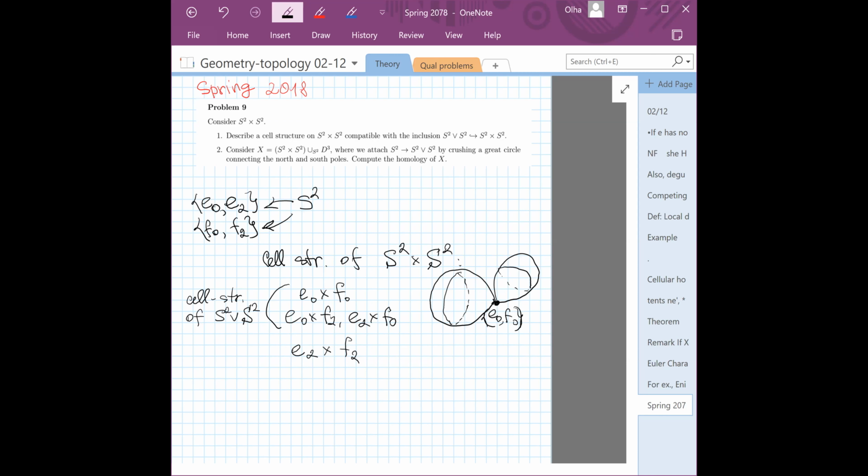So what's the problem again? I'm sorry, I was just saying, when you're writing down a cell structure, you have to check that they're actually cells. So it's not immediately clear why E2 times F2 is in fact a cell, right? Each cell has to be some D to some power, some disk. So you're saying it's analogous to how a priori it's not clear that a box is homeomorphic to a ball. You're right.